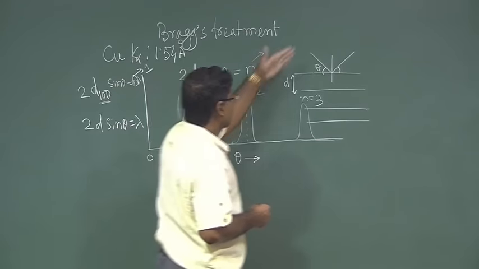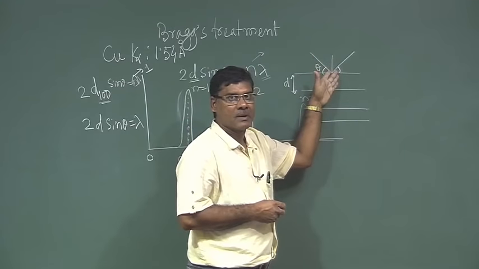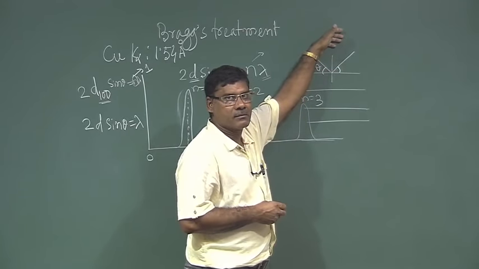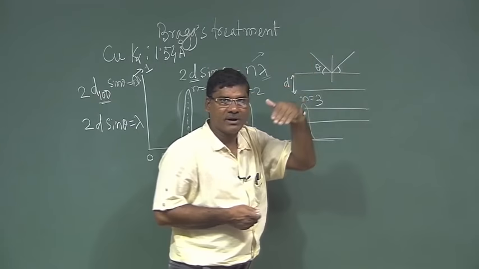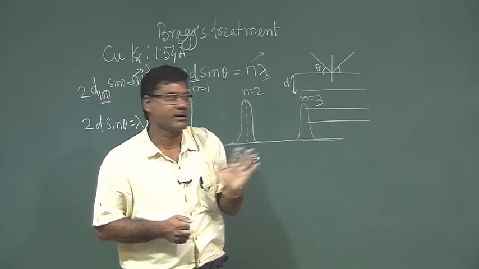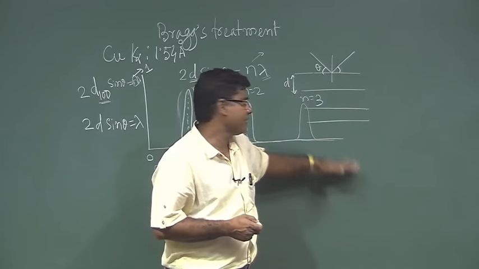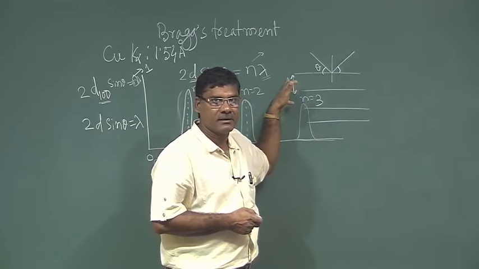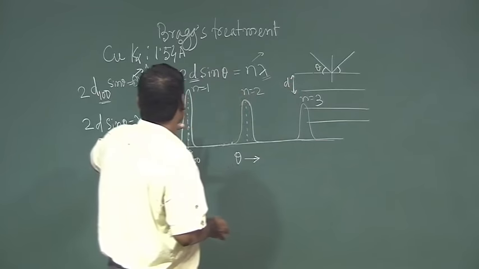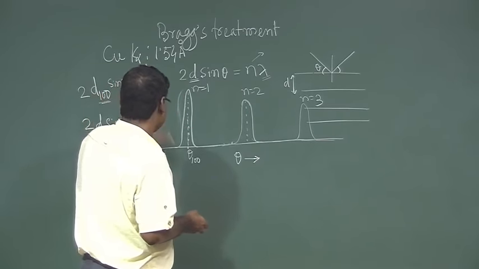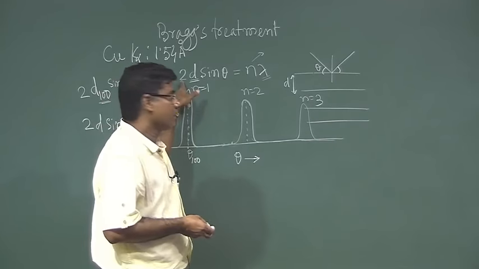Okay. So, X-ray is falling, and I am changing the angle. It will reflect from a particular set of planes having a d lattice spacing, satisfying this relation, so for a particular angle I will get the peak, right.